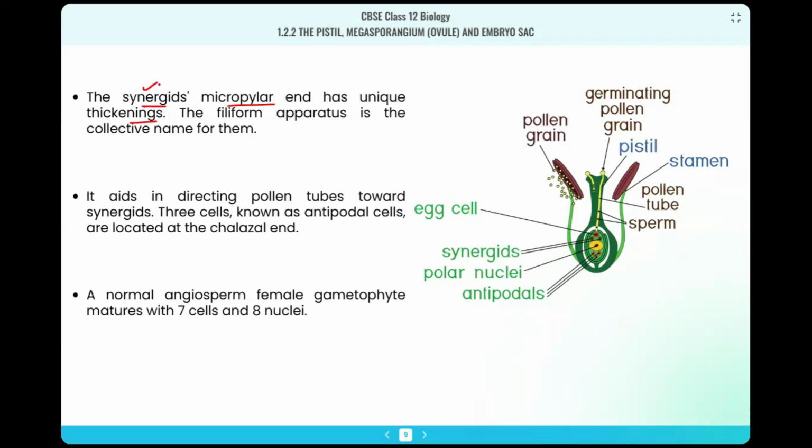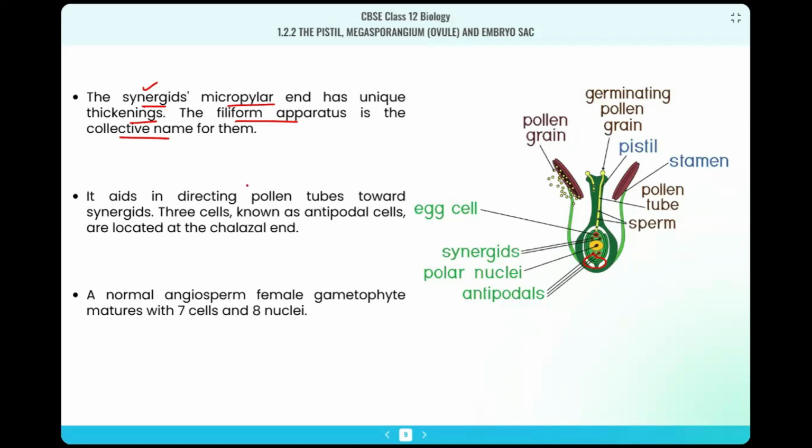The synergids at the micropylar end have unique thickenings, and the filiform apparatus is the collective name for them. The filiform apparatus is like finger-like structures present beneath, at the ovary part, and they function as a connective area between the ovule part and the egg.